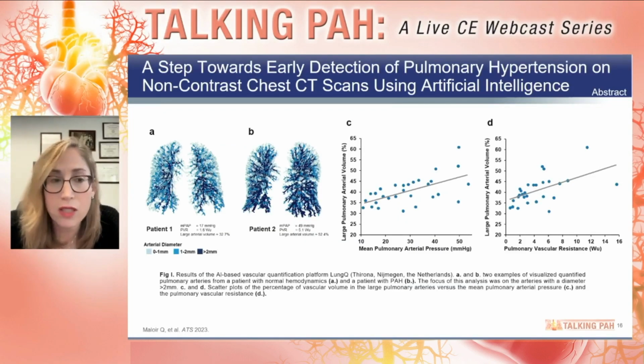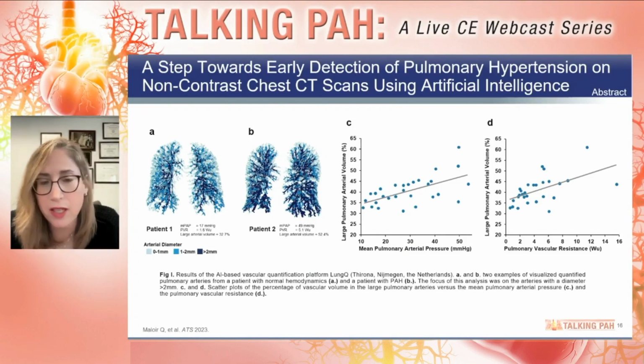So this was an interesting study that's attempting to help with early diagnosis of the disease. It's really just looking at high resolution CT scans, so non-contrast CT scans, and using AI technology to try to determine the size of the vessels. What this abstract showed was that the larger vessels correlated with the mean PA pressure and the pulmonary vascular resistance.